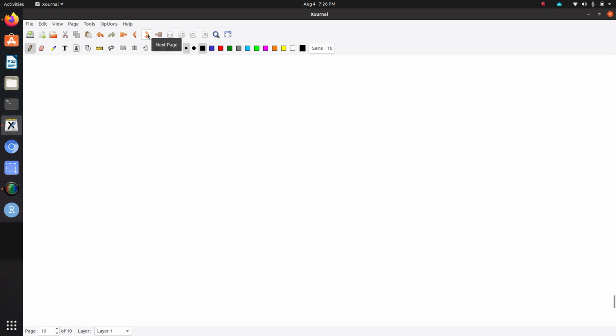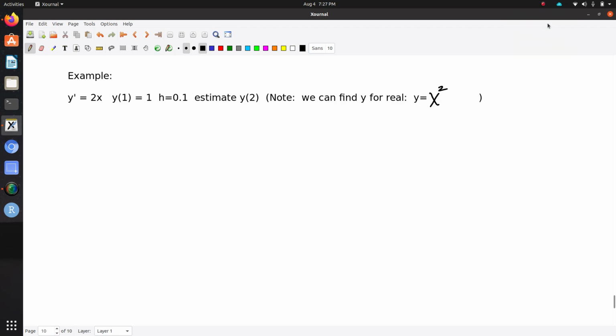Okay, so let's have another example. Y prime is 2x, and y of 1 is 1. We're going to use a step size of 0.1, and we're going to try to estimate y of 2. And I'm going to show you how to implement Euler's method using this example.